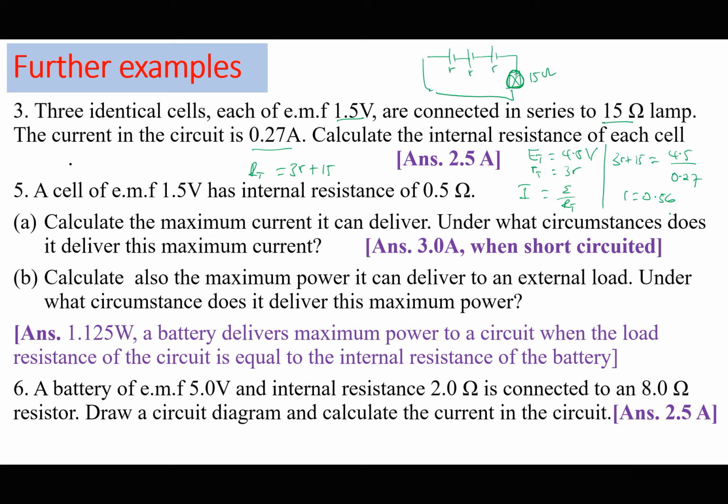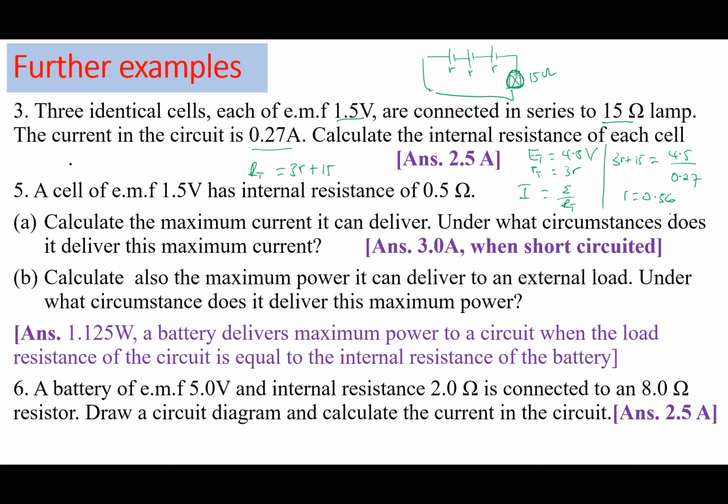3 identical cells, each of EMF 1.5, are connected in series to a lamp of 15 ohms. So they are connected in series to a lamp of 15 ohms, so 1.5 times 3, the effective EMF is 4.5 volts. And calculate the internal resistance of each cell. So if they're in series, total resistance is going to be R plus R plus R plus 15, that is 3R plus 15.